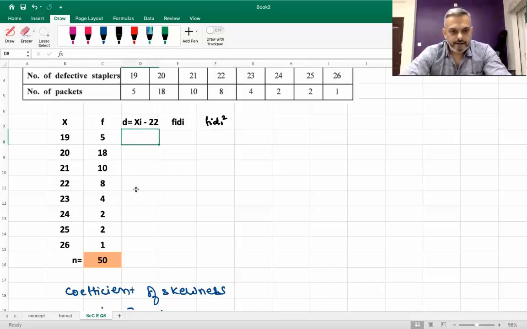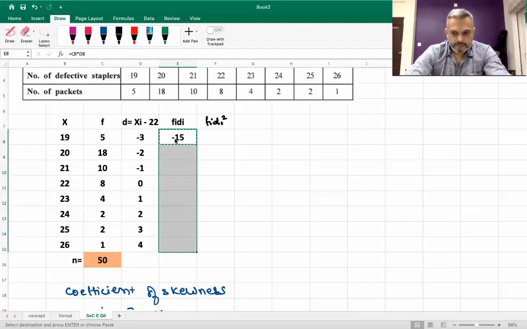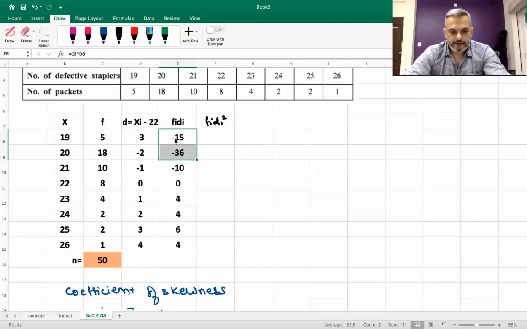So D, if we take this, then 0, minus 1, minus 2, minus 3, 1, 2, 3, 4. Now Fi into Di. So minus 15. Because I'm using Excel, I'll use the formula.